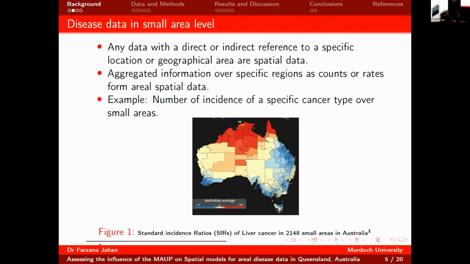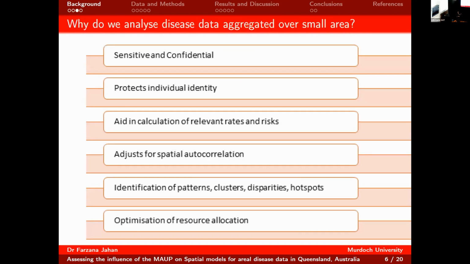So aggregated spatial data for disease is very useful for analyzing and modeling for many reasons. Here I just summarized a few. First of all, individual disease data is sensitive, and there are ethical and identifiability issues in using those in modeling. That's why most of the time with disease data, if you are interested in knowing the spatial pattern across any geographic region, you aggregate it and then model it.